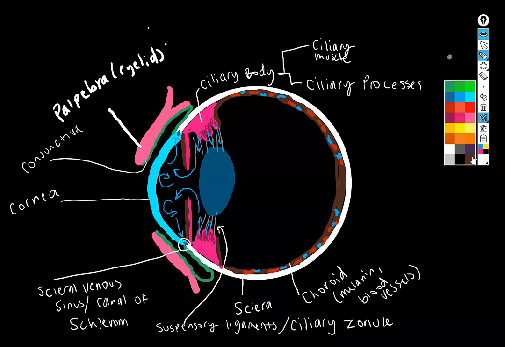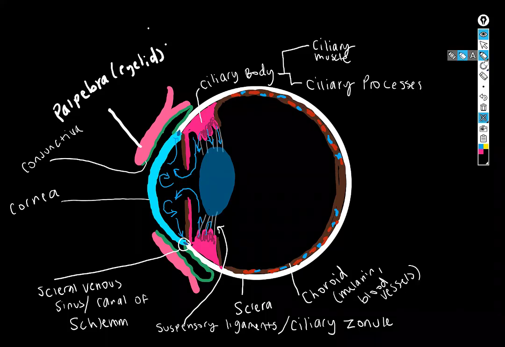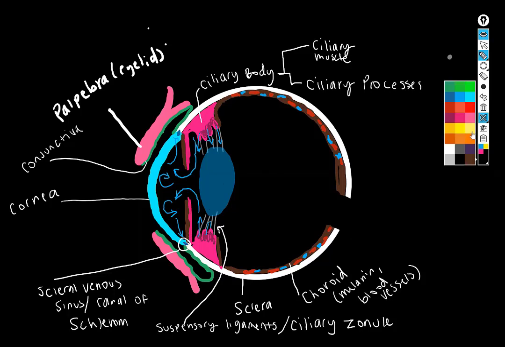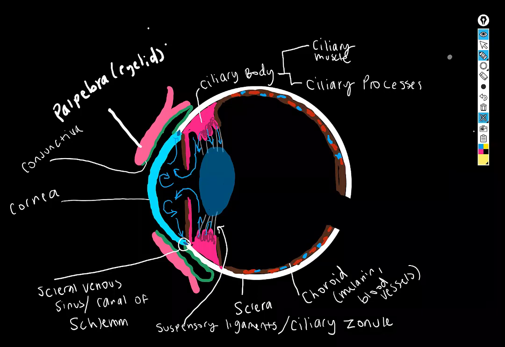Okay, and now I need to do some erasing because I need to create the optic disc. So now we're into the neural layer of the eyeball, which is the retina. And this is the layer that's actually capable of producing a visual signal.